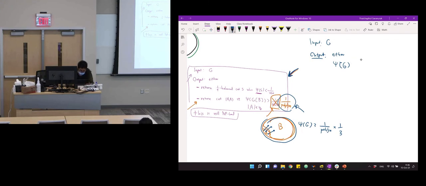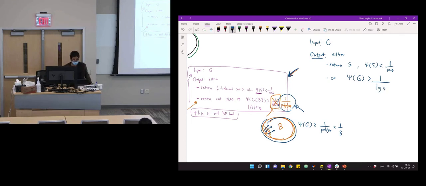It is going to either return a cut S where the expansion is less than this, which means that the expansion of the whole graph is less than 1 over 100, or say that the expansion of the whole graph is already log n.